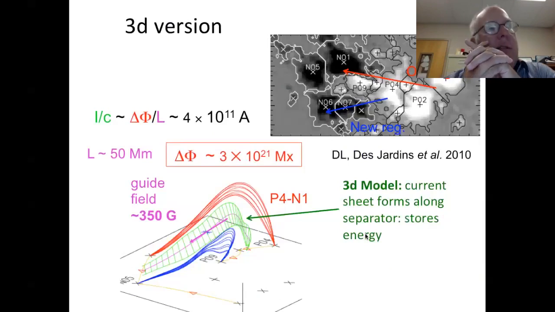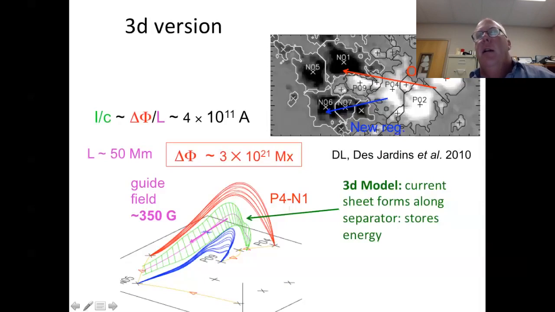And if you trace this all out in 3D, and there's a lot of interesting talks one could give about the topology of three-dimensional magnetic fields, I'm going to just cut to the chase and say we have some different numbering here, but the old flux is essentially going from P4 over to, I think I call it N1, and then there's a P9 to N5. That's the new emerging flux. That's the newly emerging flux.